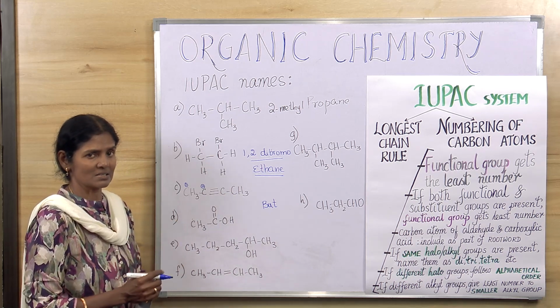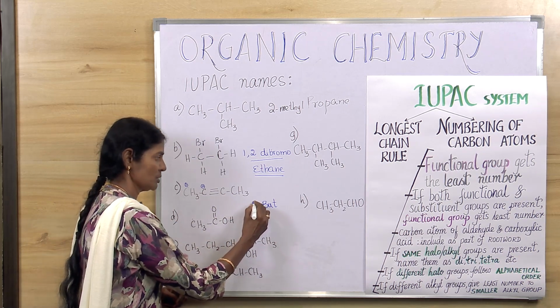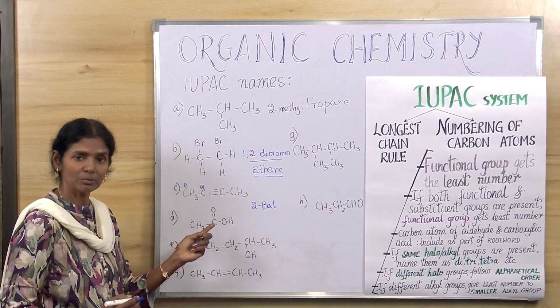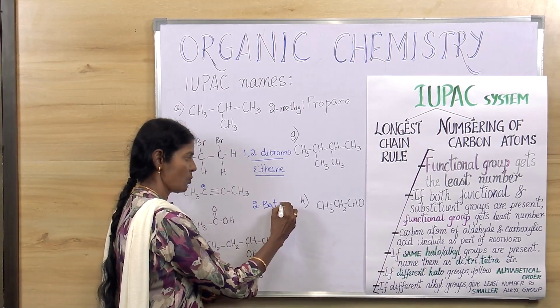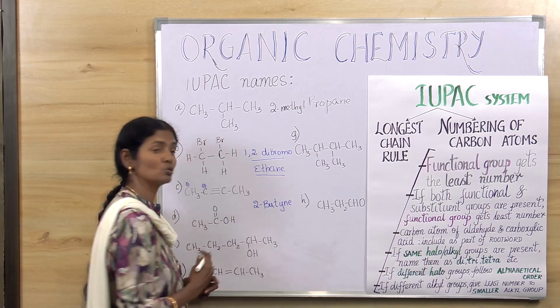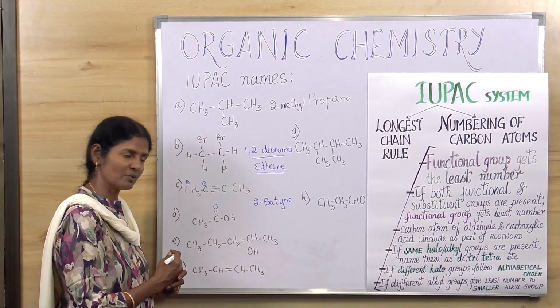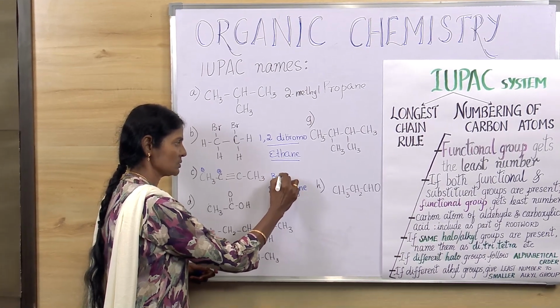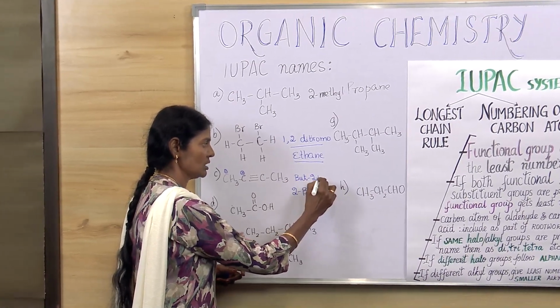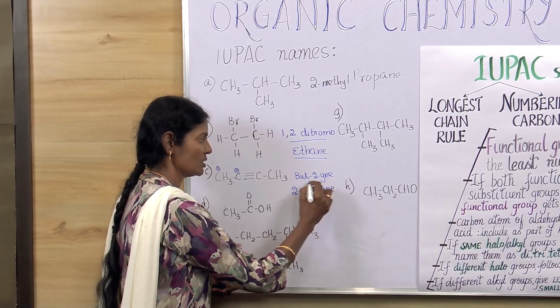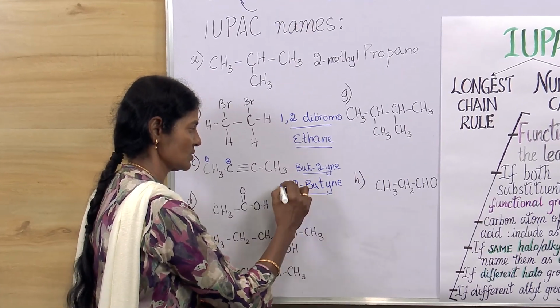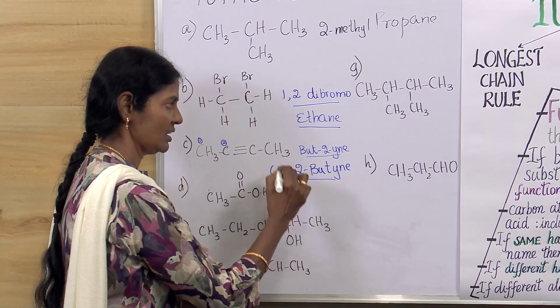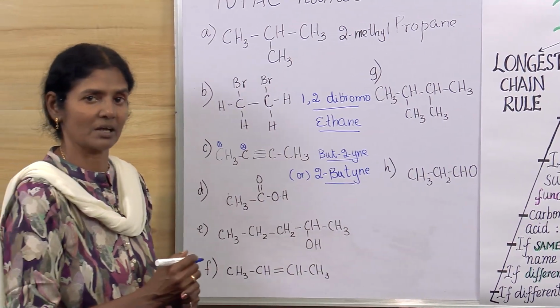So, either way doesn't matter. So, it would be 2, and the triple bond would end with yne. How would we write it very correctly? It would be but-2-yne, because the triple bond is in the second carbon atom.